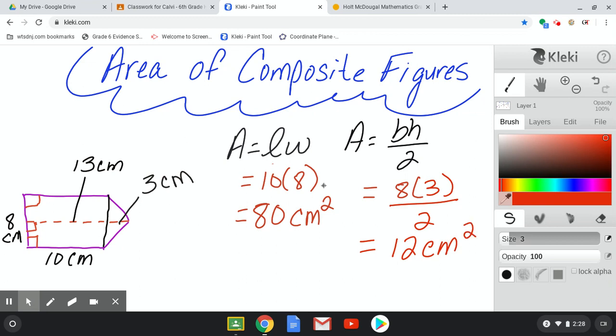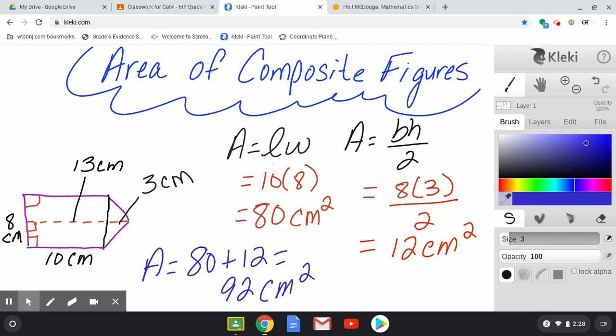All right, so we have 80 square centimeters for the rectangle piece, 12 square centimeters for the triangle piece. Now our last step is to just add those two together to get our area of the entire figure. So our area is going to be equal to 80 plus 12, which is equal to 92 square centimeters.